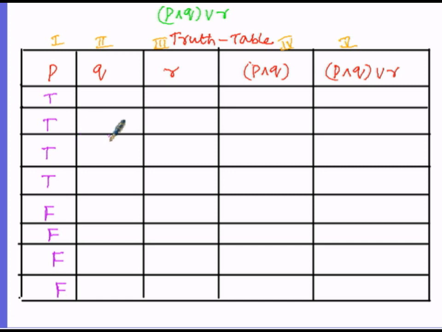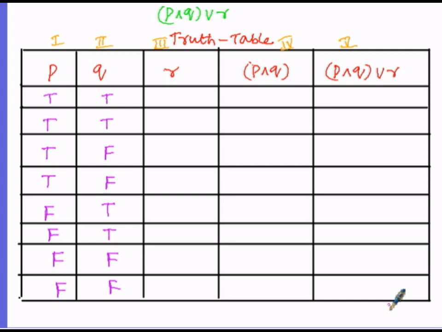So let us assume 2 truths and 2 falses for the truth values of the statement Q, and in a similar manner write 2 truths and 2 falses in the remaining case also, under the column number 2, that is the statement Q.